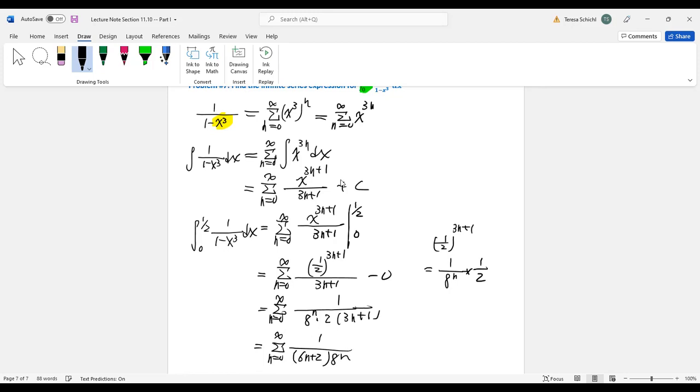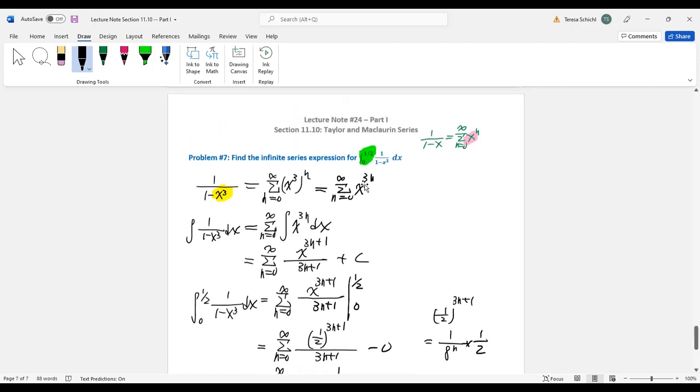This will be my series. So I can rewrite this integration as the sum of an infinite series. All right, so that's it.